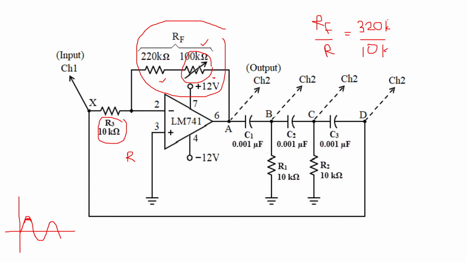So you will get 32 as the gain. The minimum must be more than 29.